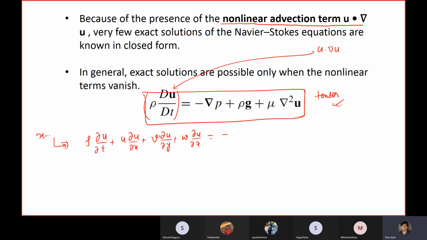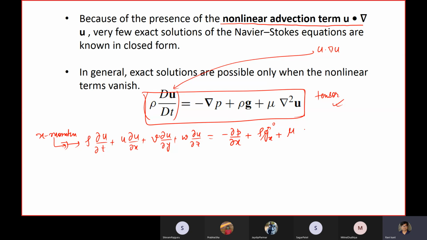My x momentum equation reads as rho du by dt plus u du by dx plus v du by dy plus w du by dz is equal to minus dou p by dou x, your pressure term is the source term, plus rho gx, if at all you have gravity in the x direction; if not, the body force goes to 0, plus mu, the dynamic viscosity, times the Laplacian of u.